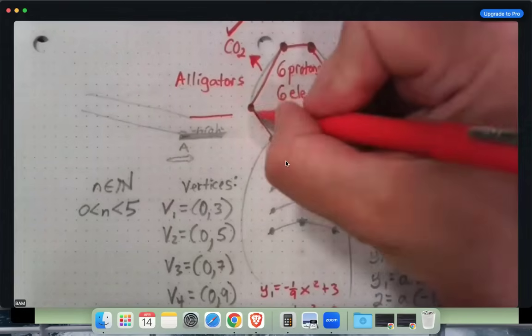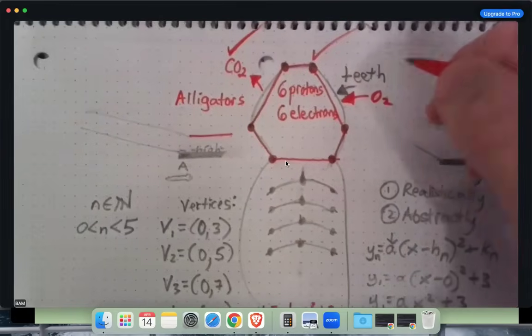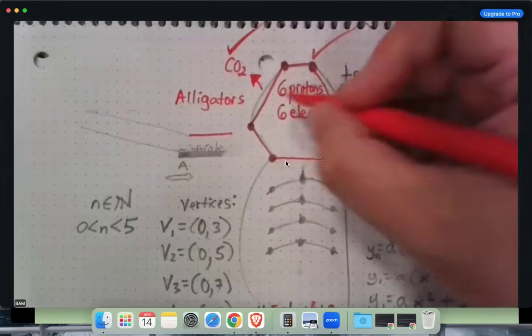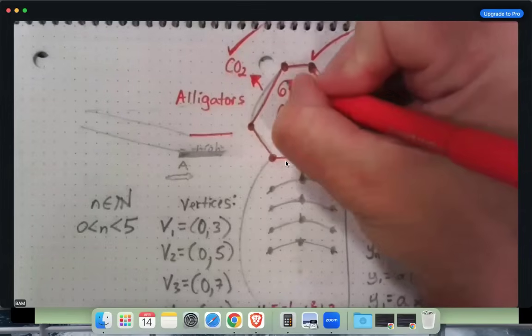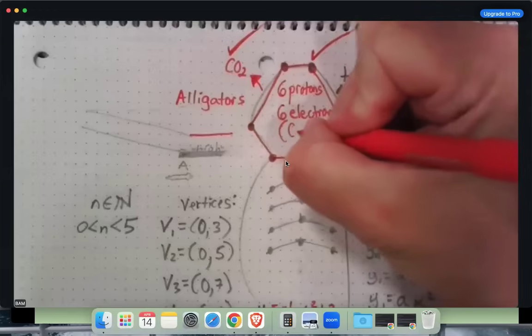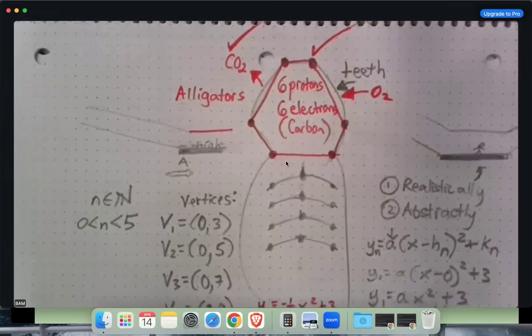And then you see how there's 6? Boom, I got another point because it's about carbon. Carbon has 6, right? Carbon.